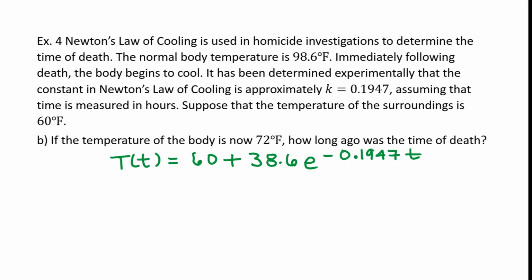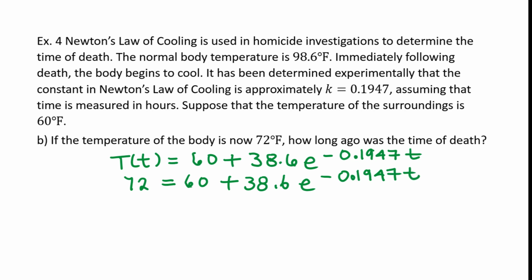Part B. If the temperature of the body is now 72 degrees, how long ago was the time of death? So we are solving for the unknown in the exponent t, and capital T of t is 72 degrees. So 72 is equal to 60 plus 38.6 e raised to the power of negative 0.1947 t. Let's work to isolate the e.